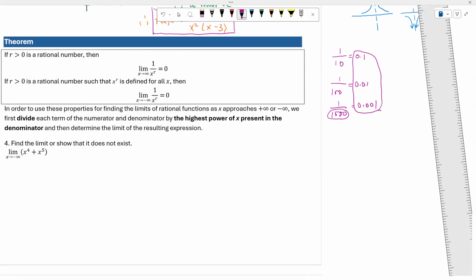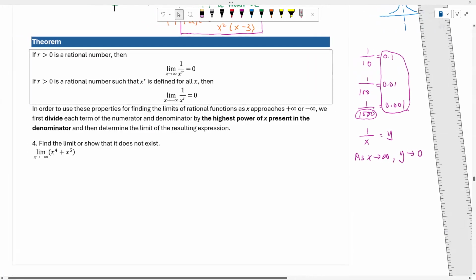So if I have something like 1 over x, as x goes to infinity, then y basically goes to 0. This is the idea of this theorem.